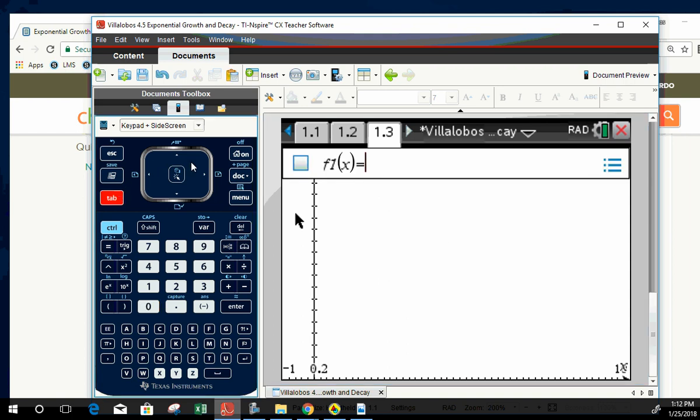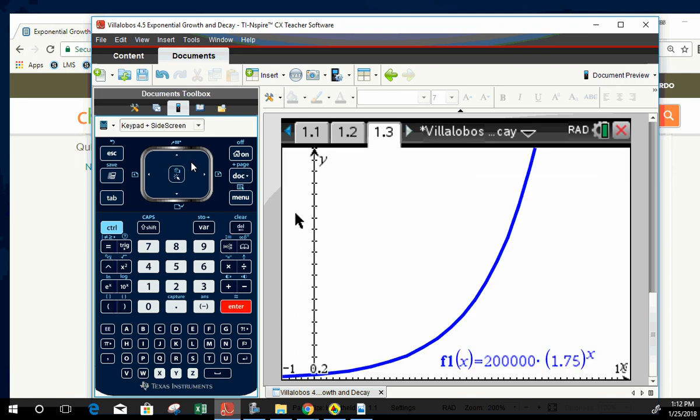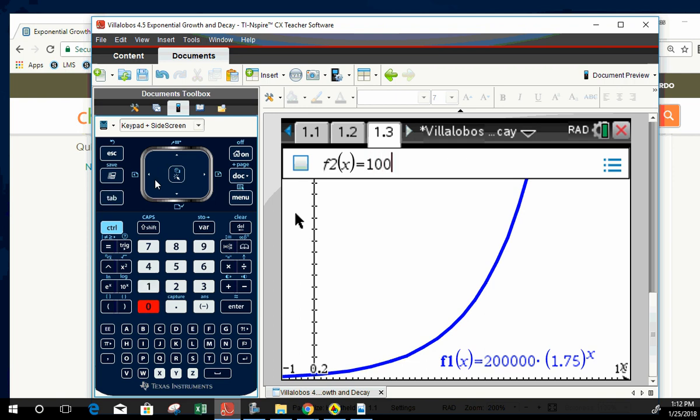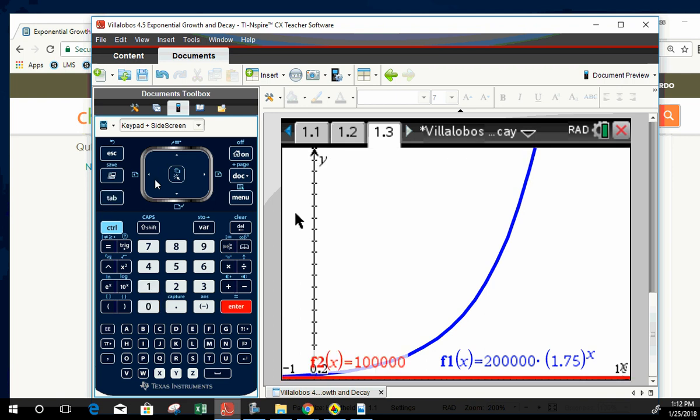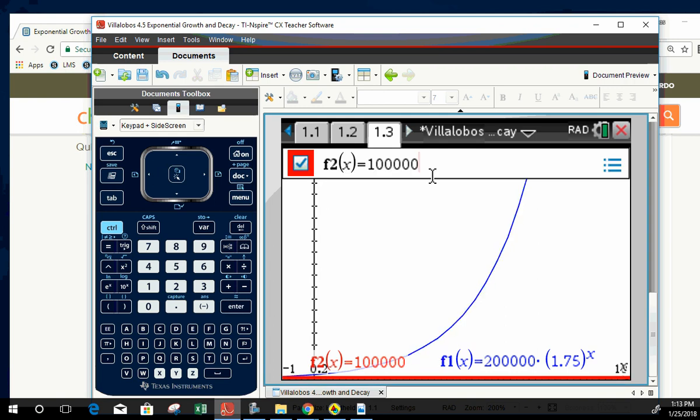And we're going to put in the function, which was 20,000 times 1.75 to the power of x, and tab ask for 1 followed by 6 zeros. No, not 6 zeros. One more zero.